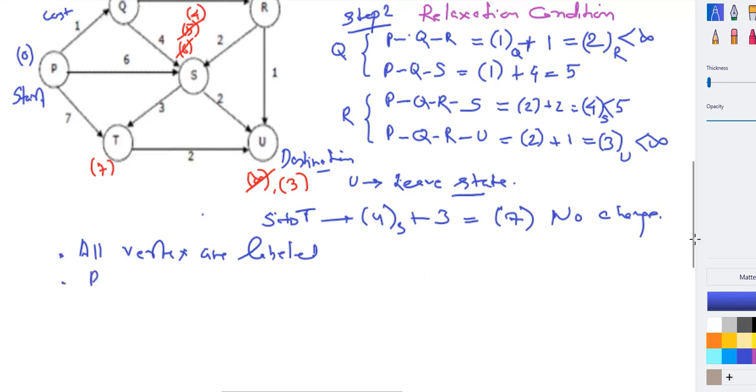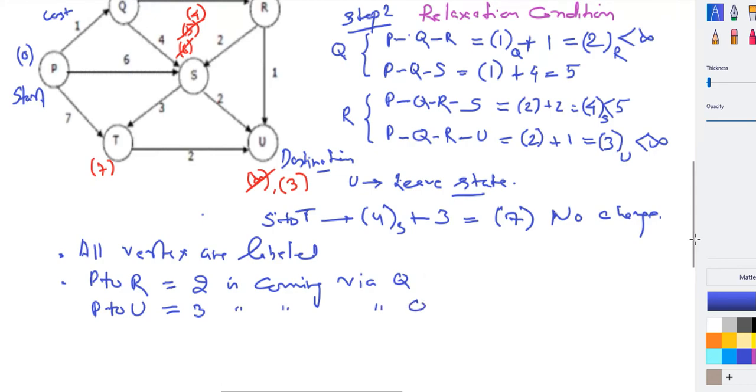Next is P to R. It is 2 in weight, and it is coming via Q. And next is P to U. P to U is how much? It is 3, and it is coming via Q and R.